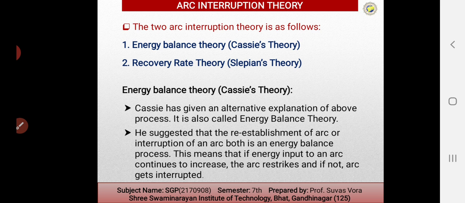He suggests that the restriking or interruption of the arc is an energy balance process. This means that if the energy input to the arc continues to increase, the arc restrikes, and if not, the arc gets interrupted.